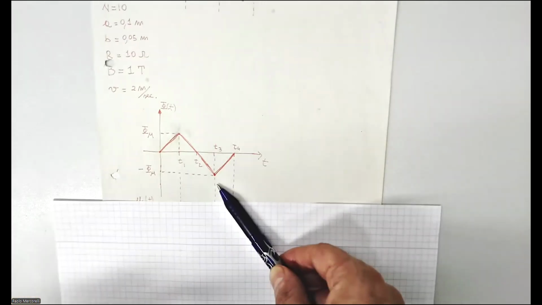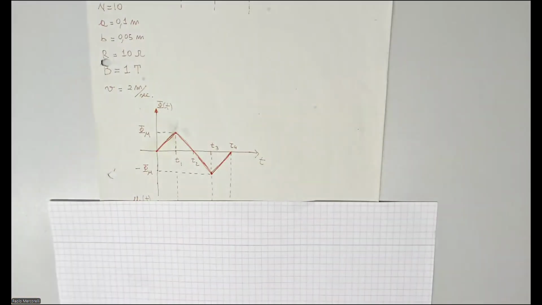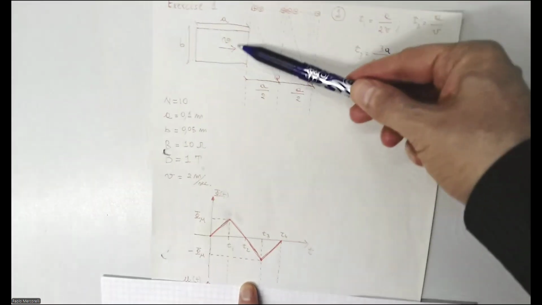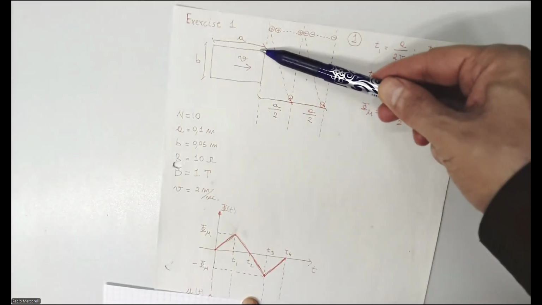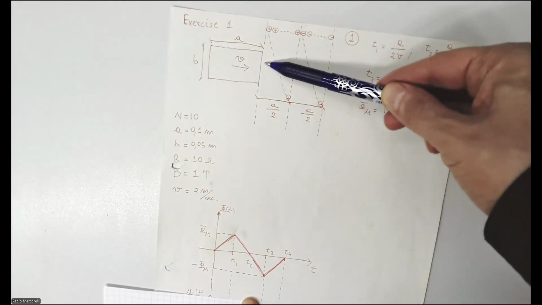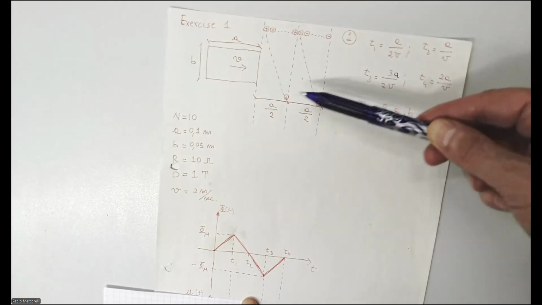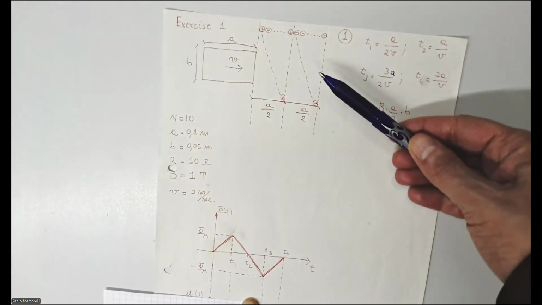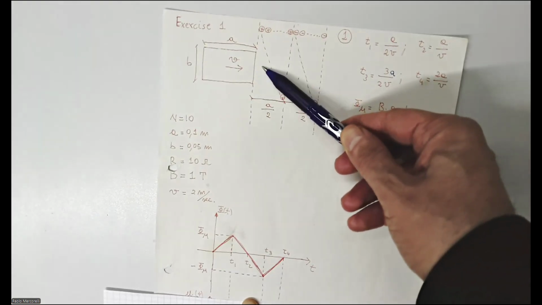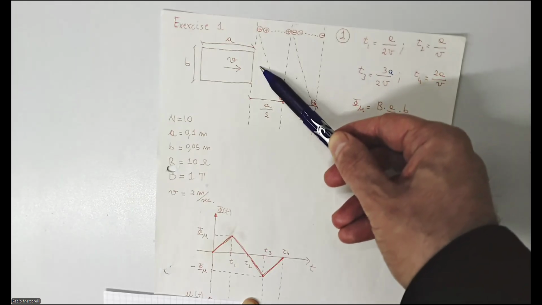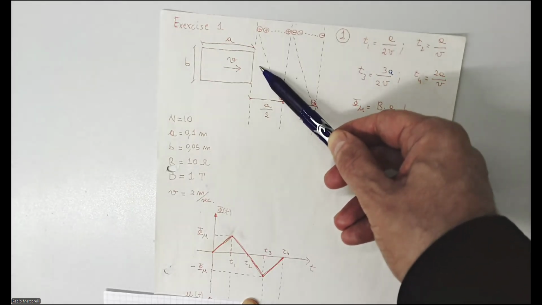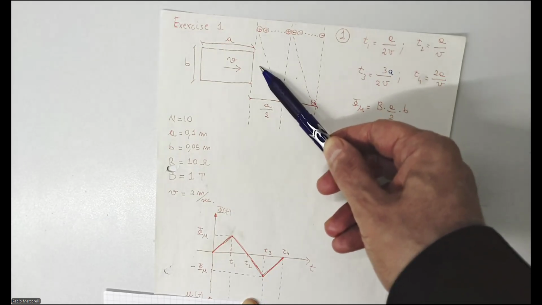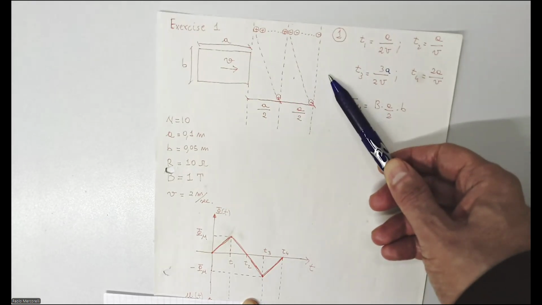Then why is it going negative? Because, try to imagine, the coil is totally inside, totally. This element here is here, and this element here is here. Going, let me say, right, what happens? The positive part of the flux is excluded from the coil. And here we don't have a flux.